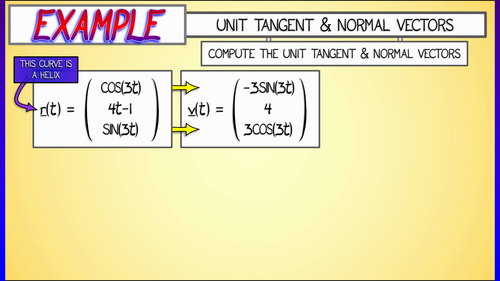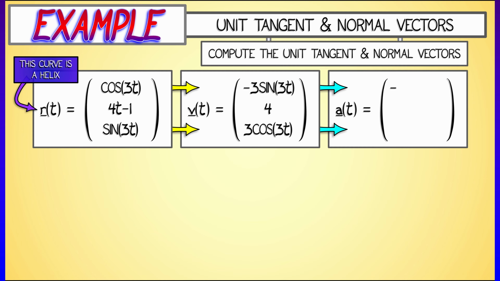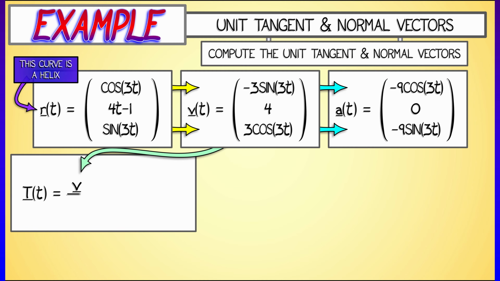Computing the velocity by taking derivatives yields negative 3 sine 3t, 4, and 3 cosine 3t. Computing one more derivative is going to give us the acceleration vector for this helix. This is going to have components minus 9 cosine 3t, 0, and negative 9 sine 3t.